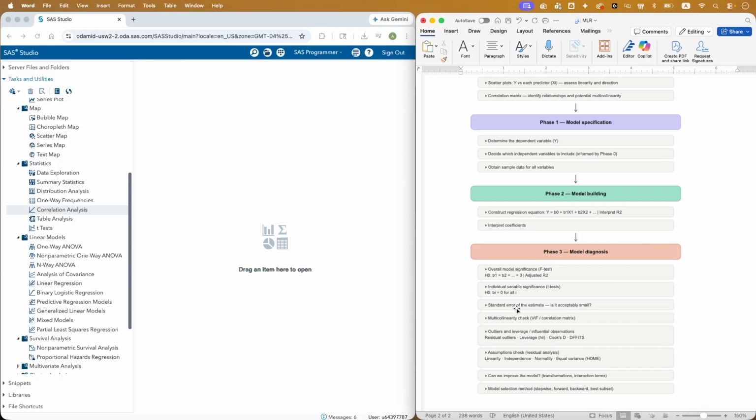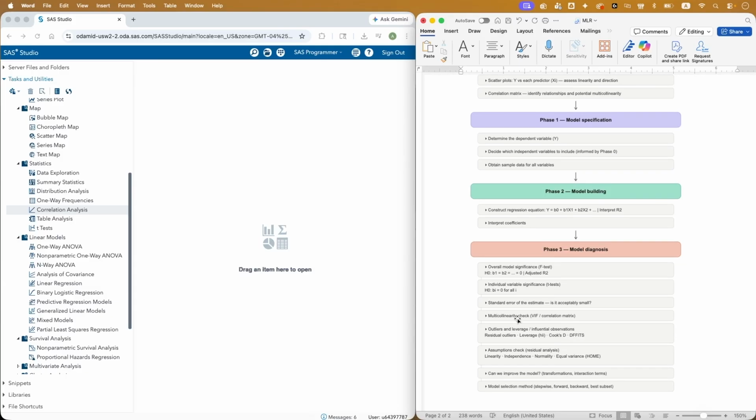After that, we are going to look at multicollinearity, and we're going to talk about this also. Multicollinearity is when we have relationships, associations between the predictors, which we're going to investigate. Then we're going to look at two other issues, the outliers and the leverage points, or influential outliers, we call them.